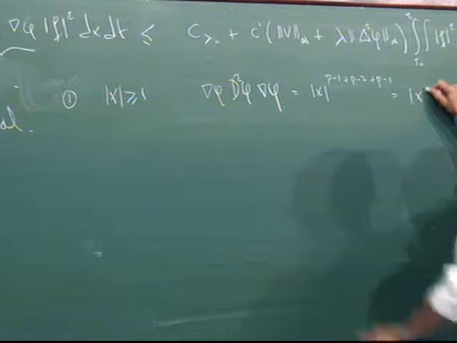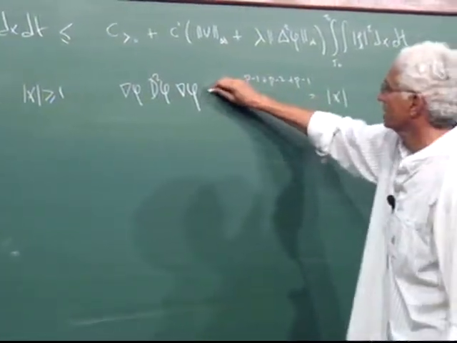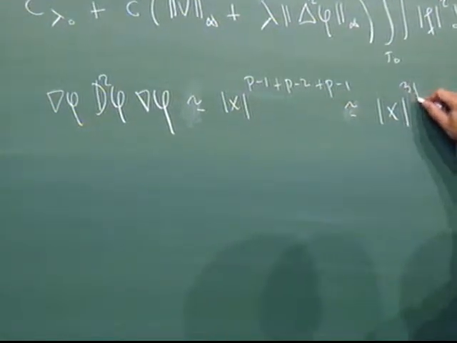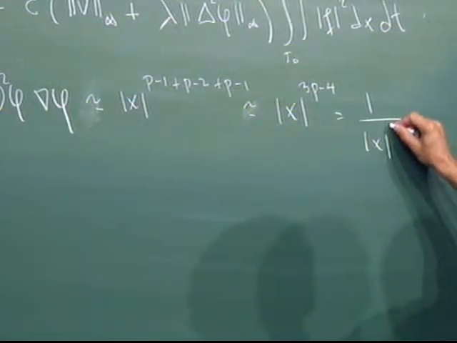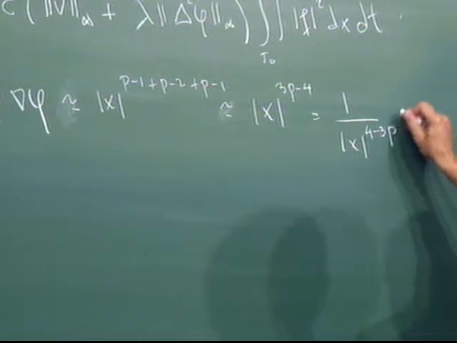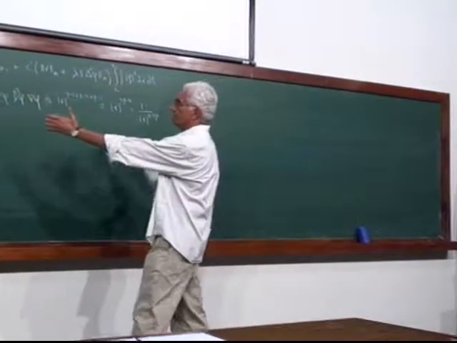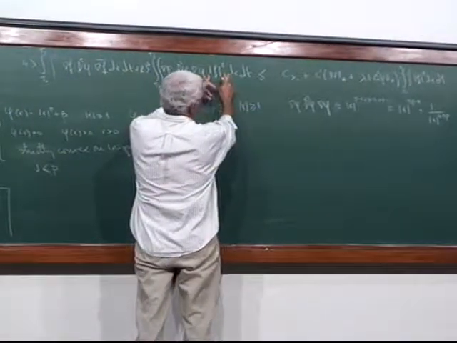Then this is 4x, so there is some constant there. This is like 3p minus 4, or 1 over x to the 4 minus 3p. This is what you have in front of the square of f.